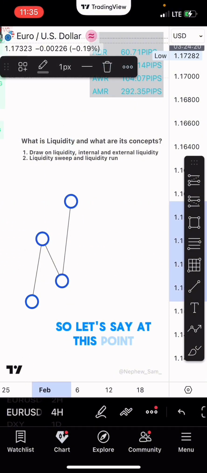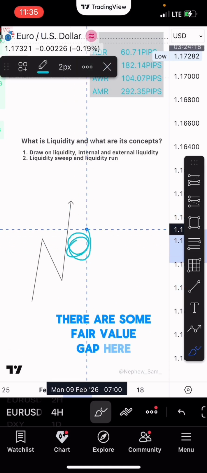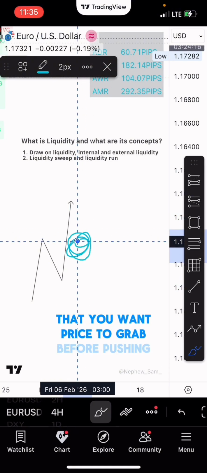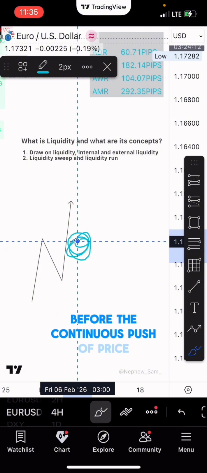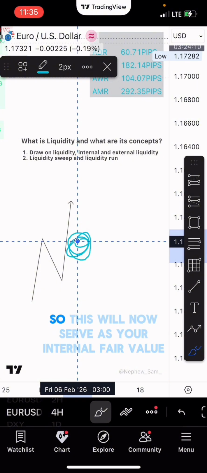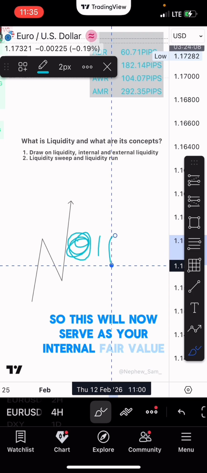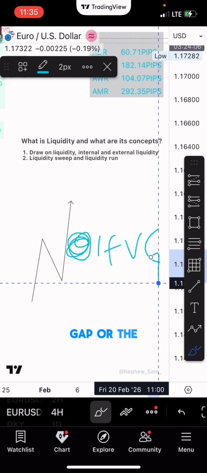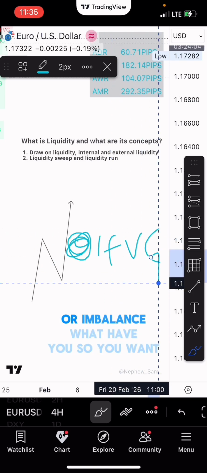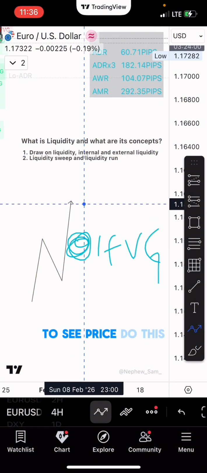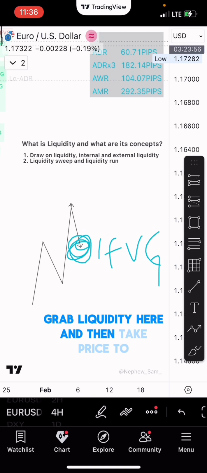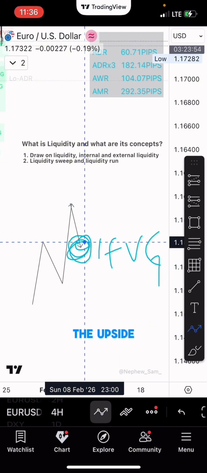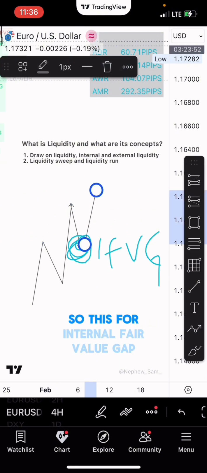Let's say at this point there are some fair value gaps here that you want price to grab before the continuous push of price to the upside. So this will now serve as your internal fair value gap or the imbalance, what have you. So you want to see price do this, grab liquidity here, and then take price to the upside. So this is for internal fair value gap.